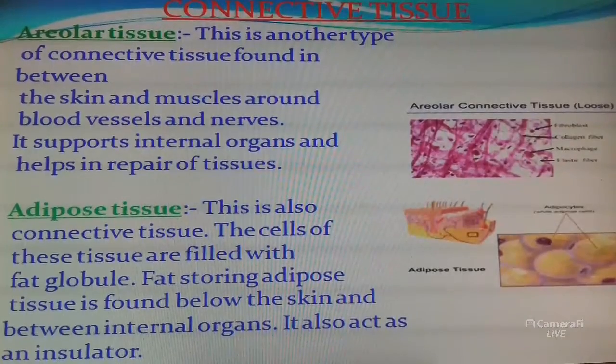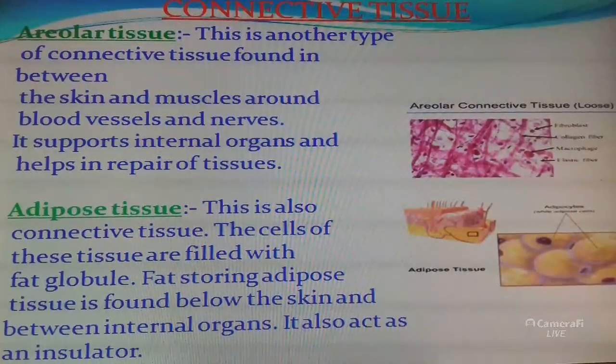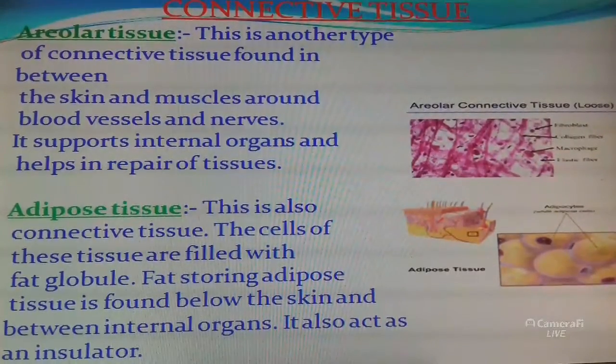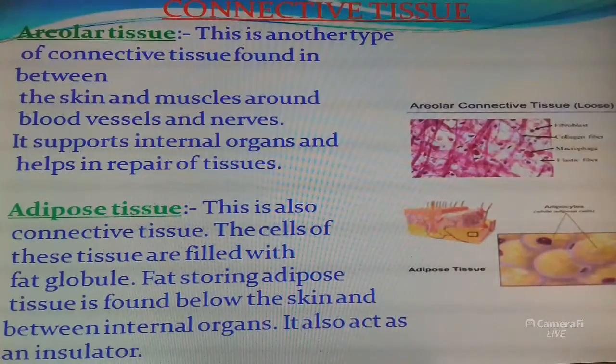Fat storing adipose tissue is found below the skin and between internal organs. It also acts as an insulator.